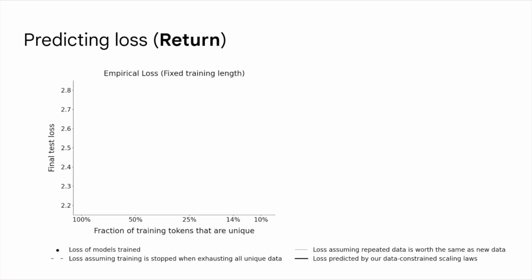And so if we look at the first configuration, we here have the models correspond to each individual dot. So each individual dot is one empirical model trained, and then the solid line is the fit, so the loss as predicted by our scaling law that we just went through, and the dotted line that doesn't move corresponds to the loss that we would expect if repeated data would be just as good as new data.